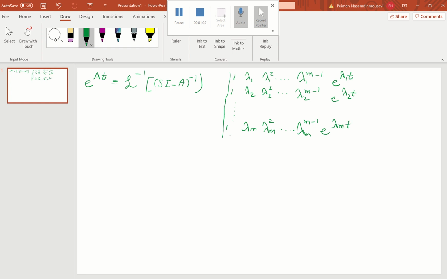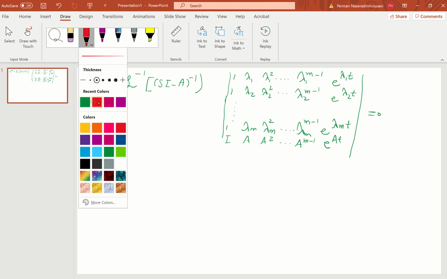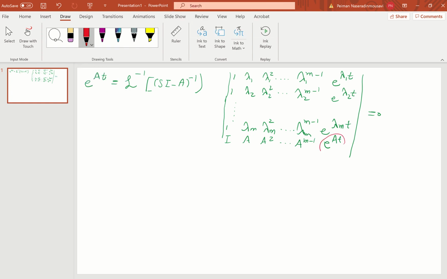And the last line is I, the identity matrix, A, A squared, up to A to the power of m minus 1, and e^(At). I did an example in part 5, and you saw how I calculated the matrix exponential.